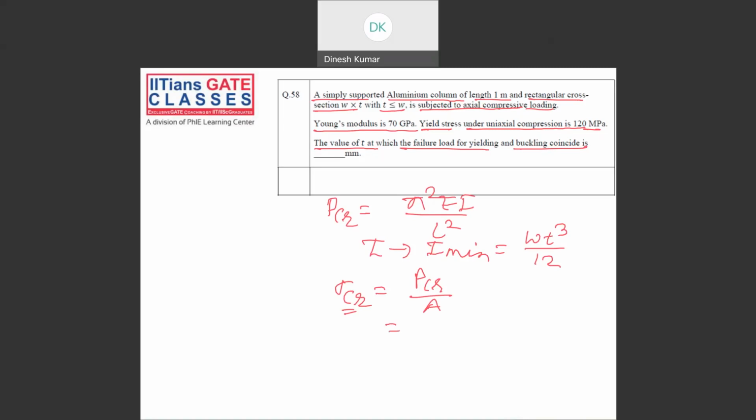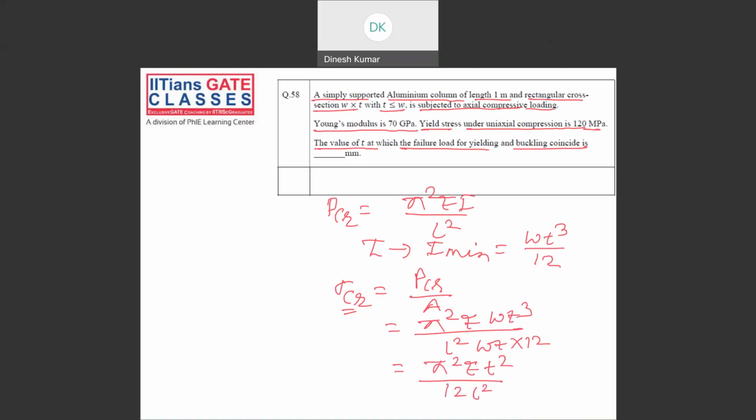P critical is pi square E WT cube upon 12 L square. Now area will be W into T. So you will find sigma critical here is pi square E T square upon 12 L square.